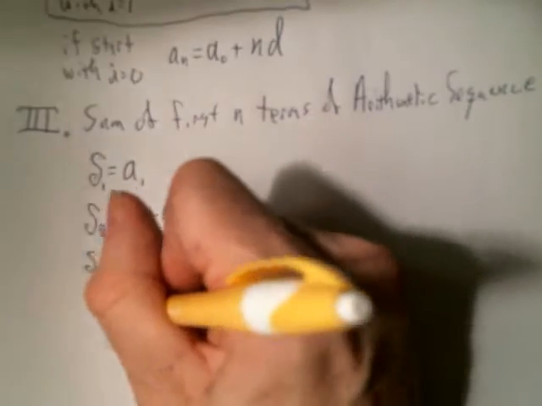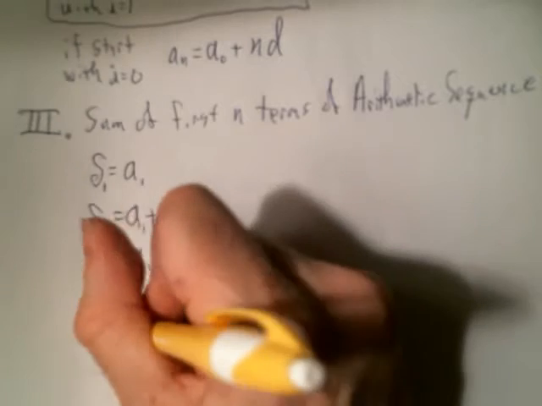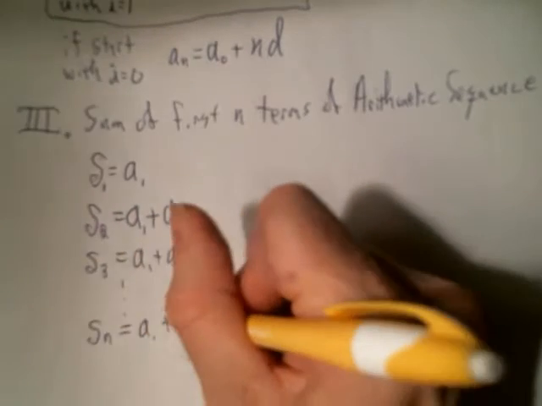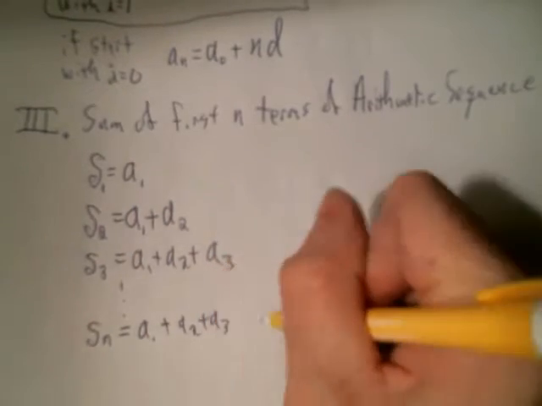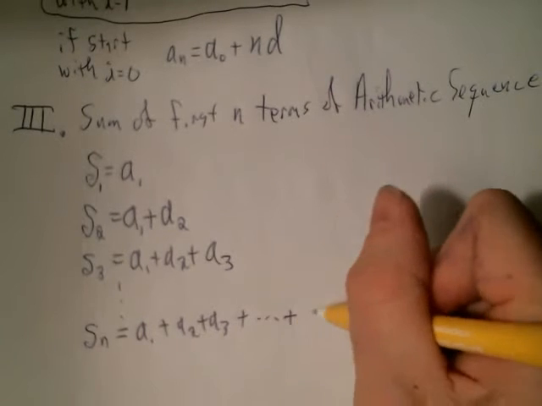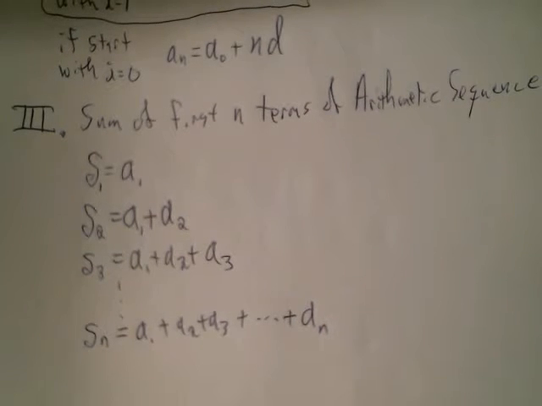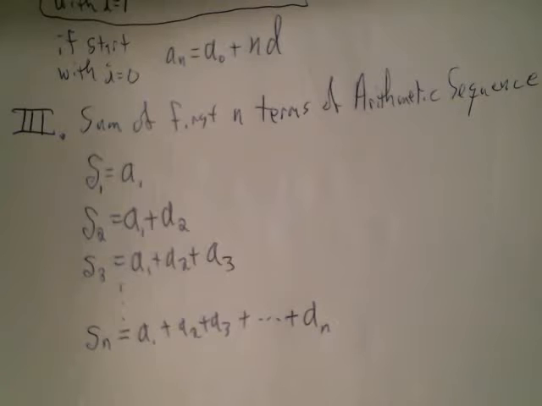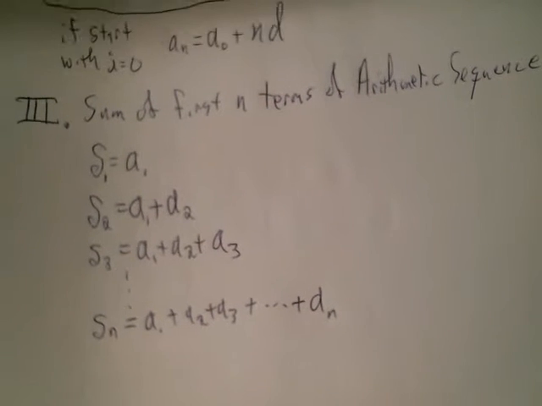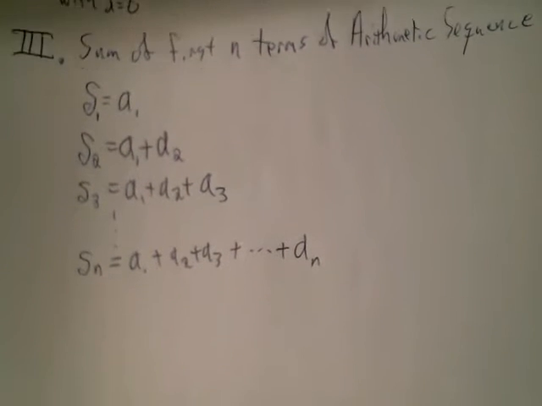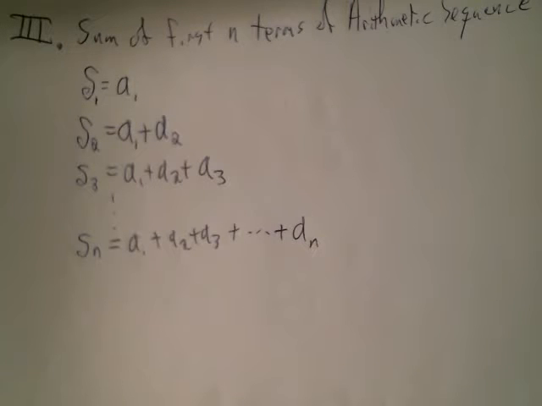And you can continue on all the way up to the nth partial sum, which is a sub 1 plus a sub 2 plus a sub 3 plus dot dot dot plus a sub n. So in general, we want another formula for this when it's an arithmetic sequence. And we can kind of guess at the formula using just iteration methods again.